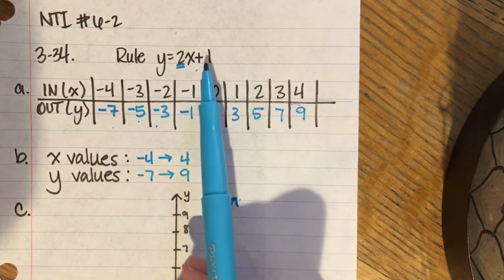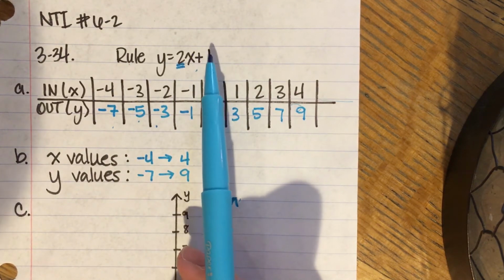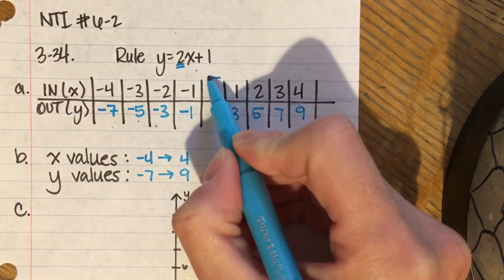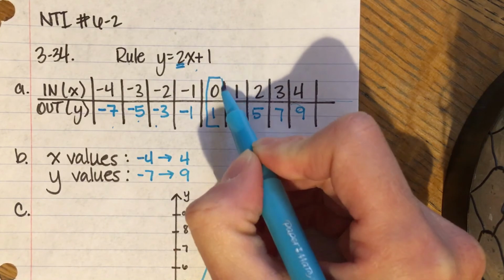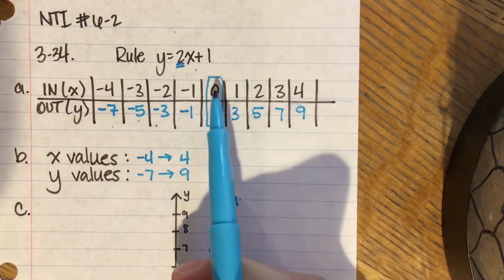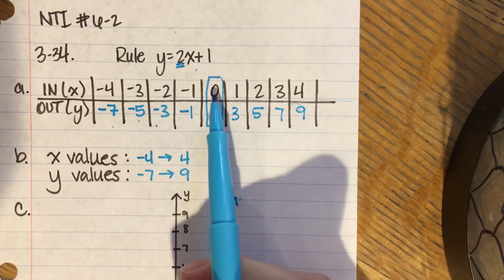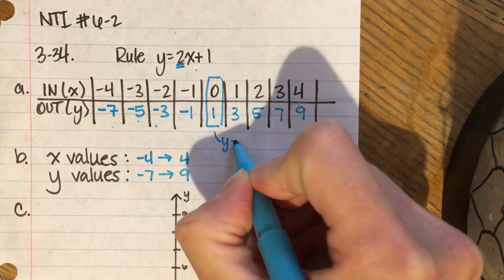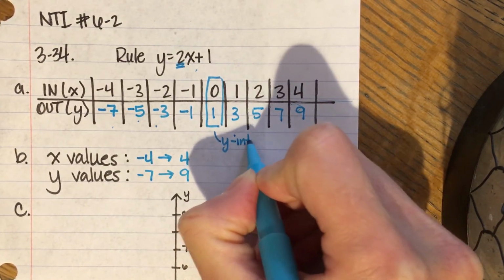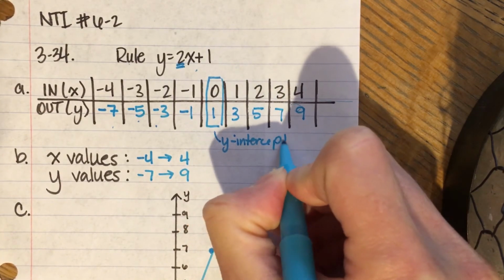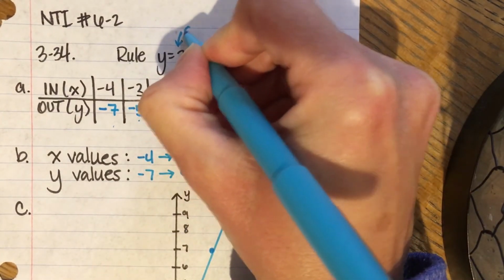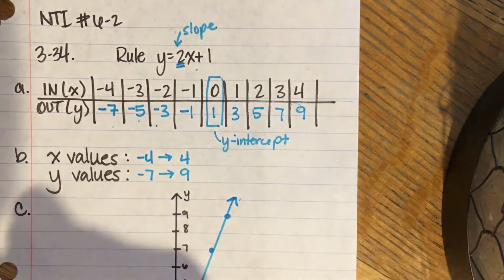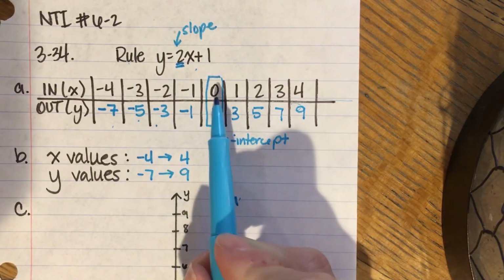Now, this, I'm adding 1 every time, shows up right here when x is 0. So when x is 0, my y is 1. We call this our y-intercept. And we call this our slope. Okay, so our y-intercept is when x is at 0.